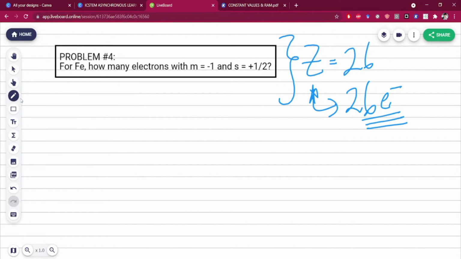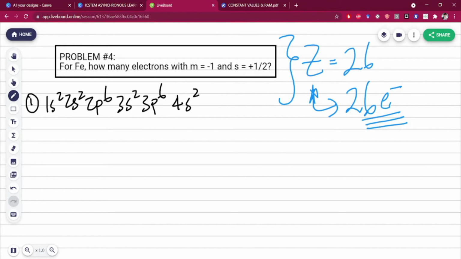So what is the electronic configuration? 1s2, 2s2, 2p6, and that will be 10. Then 3s2, 3p6, and 4s2, that is 20.